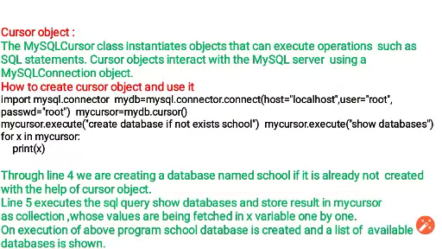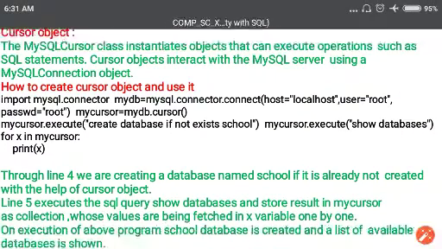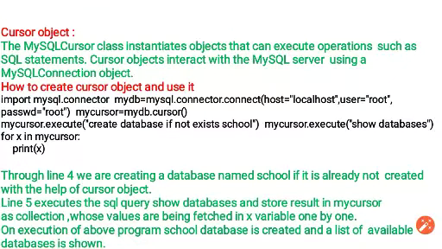Now mycursor is a variable. You can use anything, but just to have a proper reminder that this is the cursor object, we have written mycursor equal to mydb.cursor. So cursor is the function we are calling with the help of the mydb variable, which holds the connection right now.